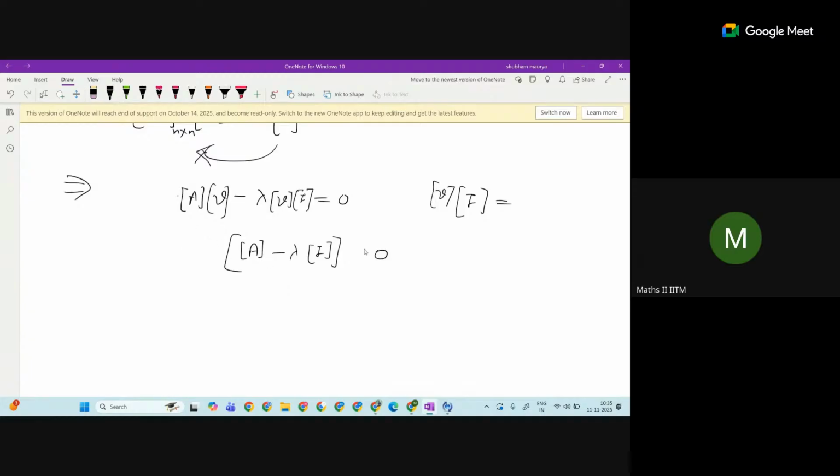So this matrix is important. If you want to find this lambda, just find the determinant of it.